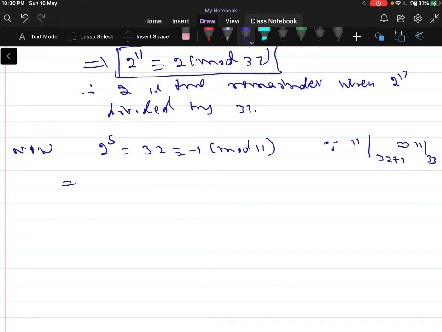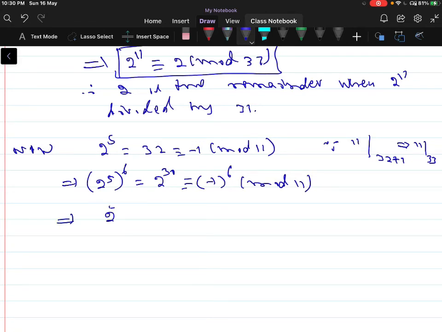So this implies (2 power 5) whole power 6, that is 2 power 30, is congruent to (minus 1) whole power 6 modulo 11. So this implies 2 power 30 is congruent to (minus 1) whole power 6, which is plus 1, modulo 11.